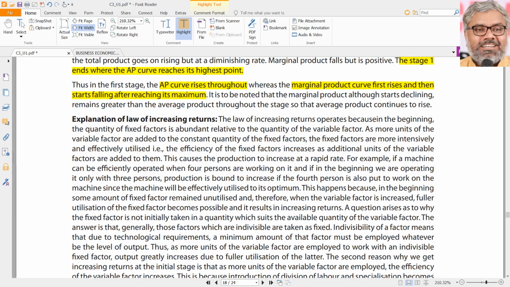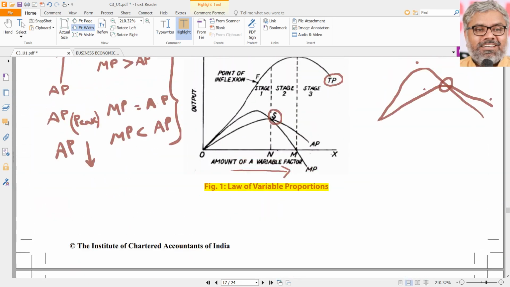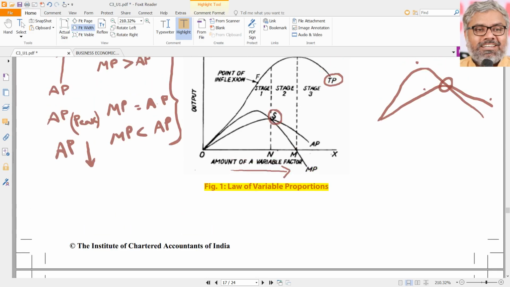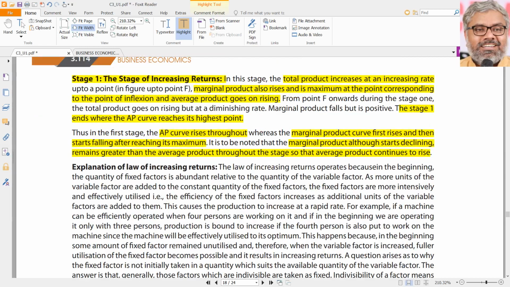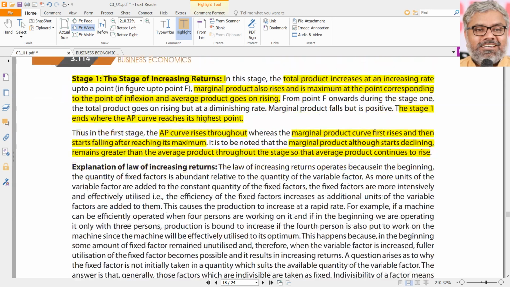But the very important point to be noted here is that the marginal product, though it starts declining, remains greater than average product throughout this stage, so the average product continues to rise. This is the stage of increasing returns, we can say.